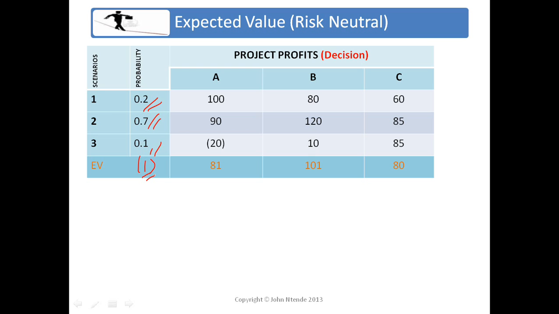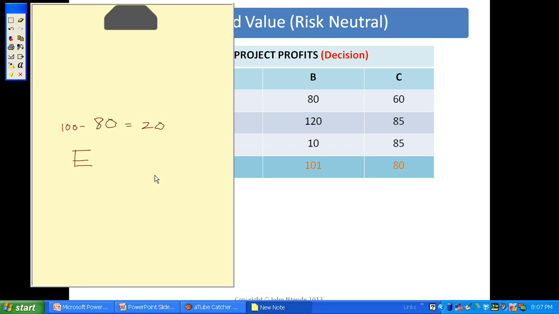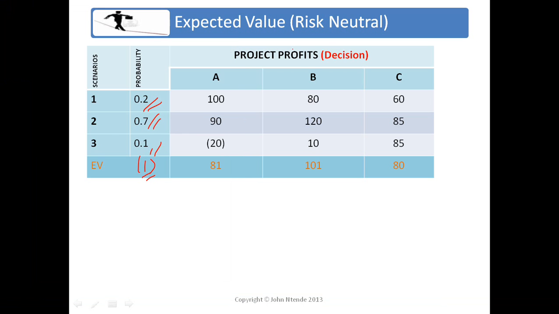So we want to calculate the expected value of each project. What is expected value? The expected value is equal to the summation of probability times the outcome.